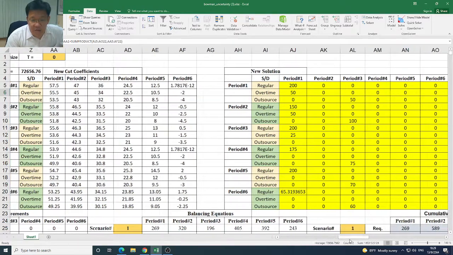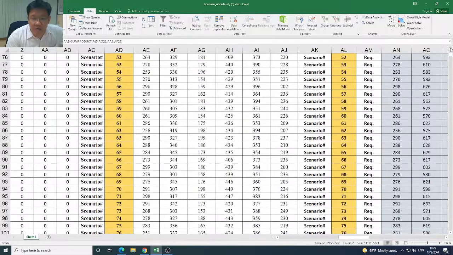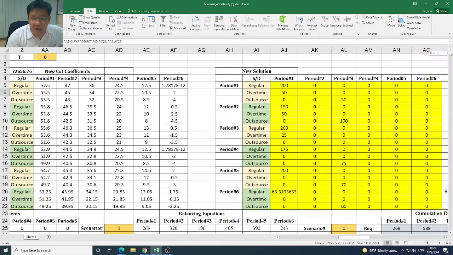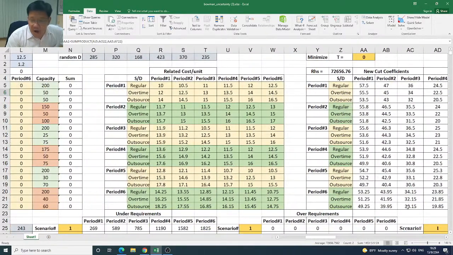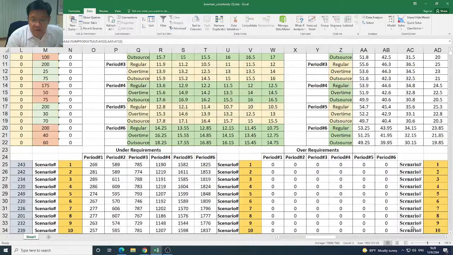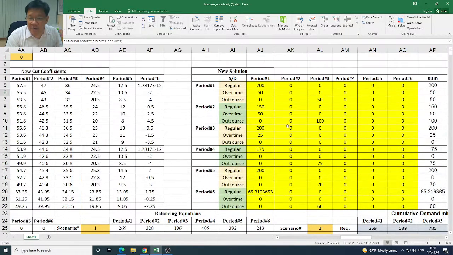Once you get the new solution, what's going to change in the system? The under requirement and over requirement results will change. But remember that this is still based on the solution of xij equal to 0 for all ij. Now you find the new feasible solution with which you're going to generate the new cut.